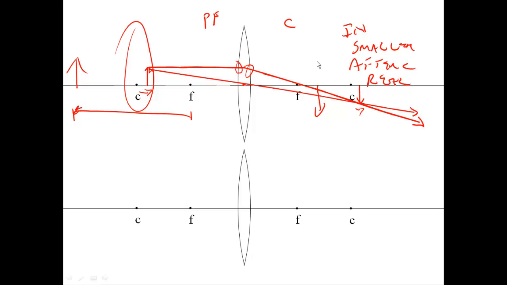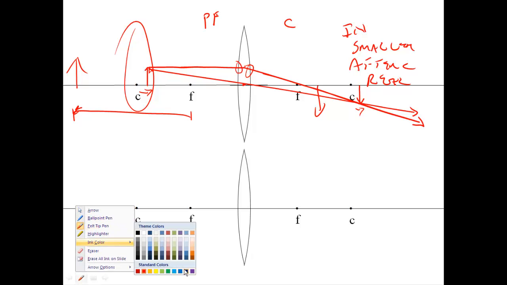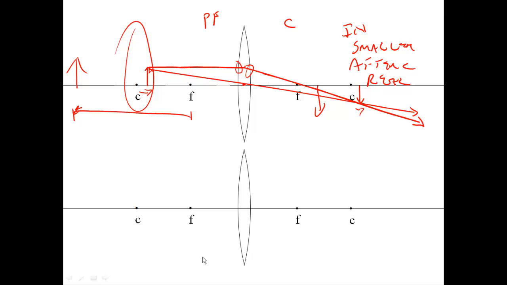Okay, what happens if our object is between the focal point? And realize these are, if we're putting our objects on the left-hand side here, these are virtual focal points. They don't actually exist. And remember, C is the curvature, so in other words, this would be the center of this curve right here.